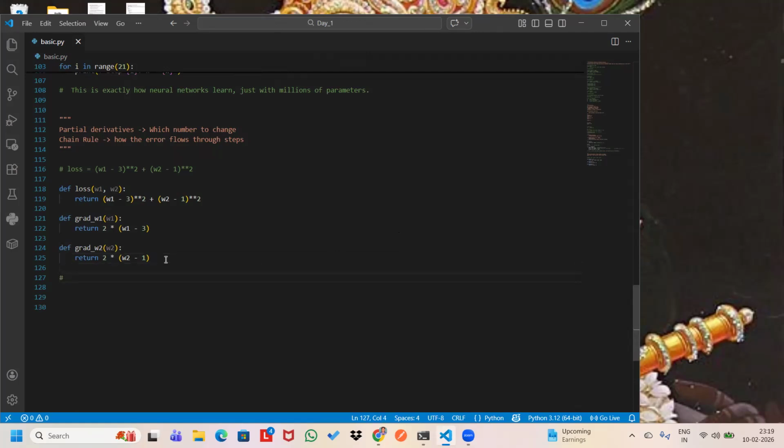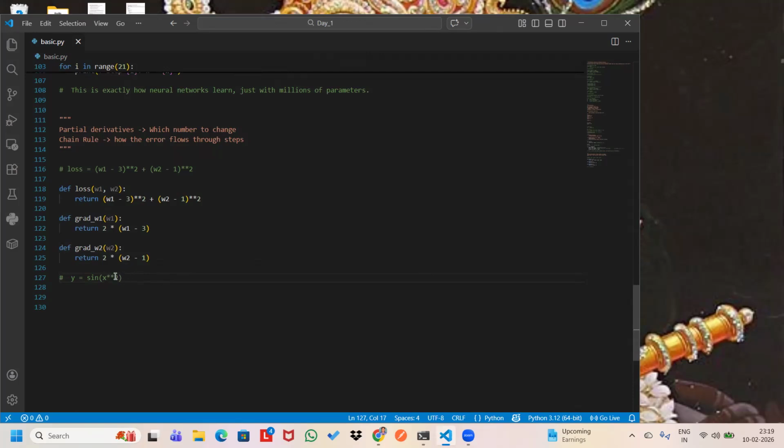Suppose I have y equals sin x square. Have you understood what I'm going to say? We know that sine is itself a function, and we have passed our x square over here. So this is going to take another function.